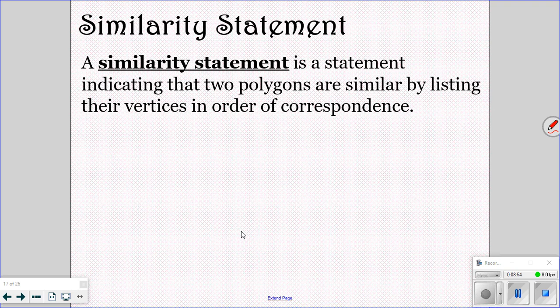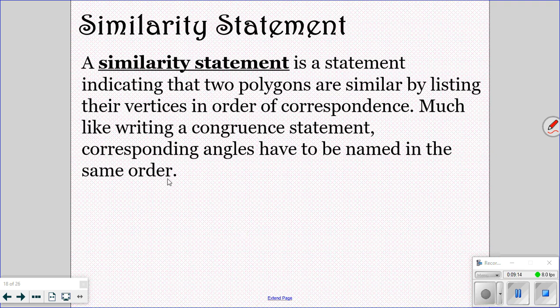Looking at a similarity statement, that is just a statement that indicates your polygons are similar, and it lists the vertices in order of correspondence. Just like when you're dealing with congruence, you have to put them in the correct order. Same thing with similarity. Corresponding angles have to be in the same spot.